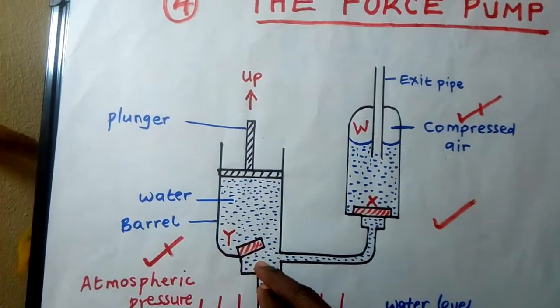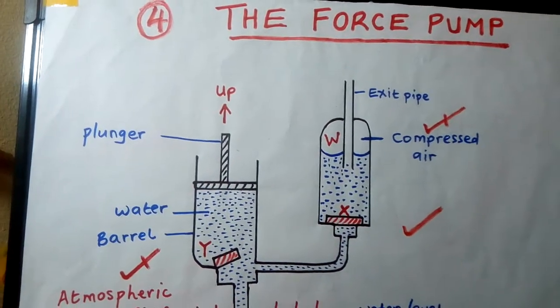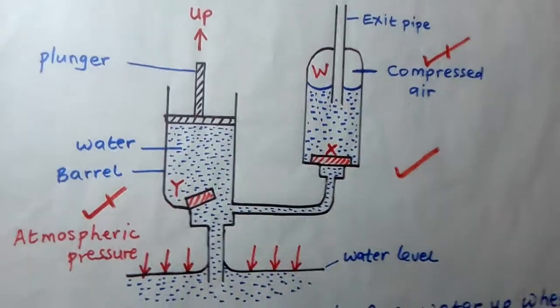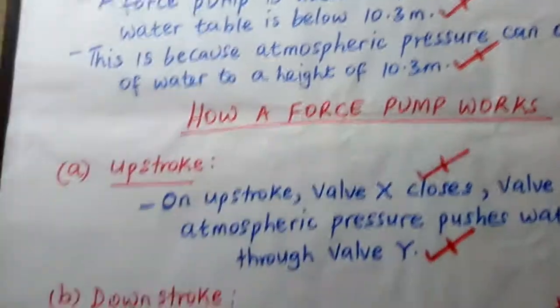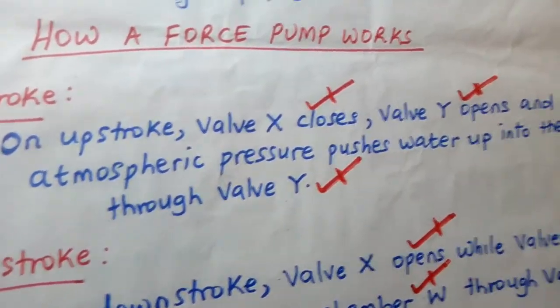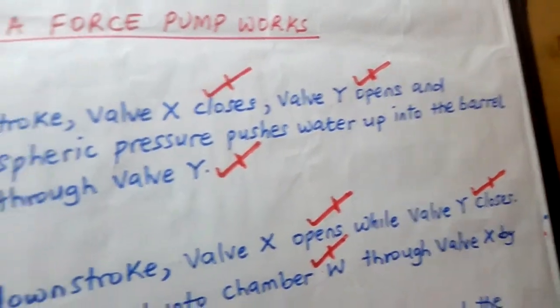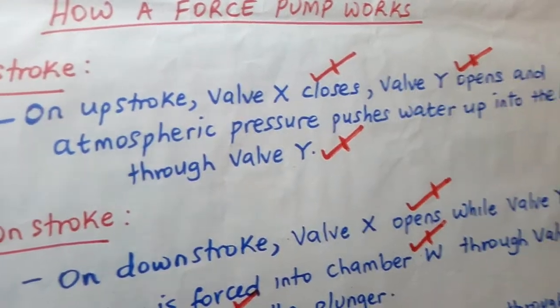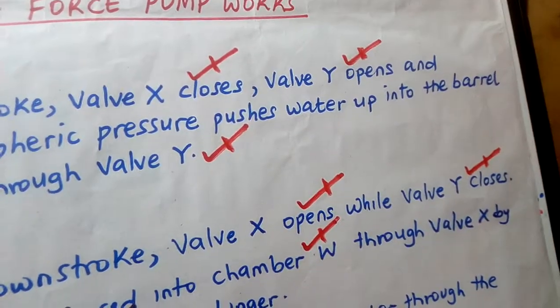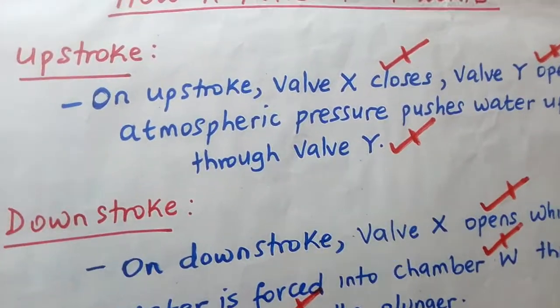And because it becomes more, it presses the water, and then the water enters. As the water enters, it will hit this valve, and the valve will open. So let us see how this system works. On the upstroke, valve X closes, and then valve Y opens, and atmospheric pressure pushes water up into the barrel through valve Y. See?